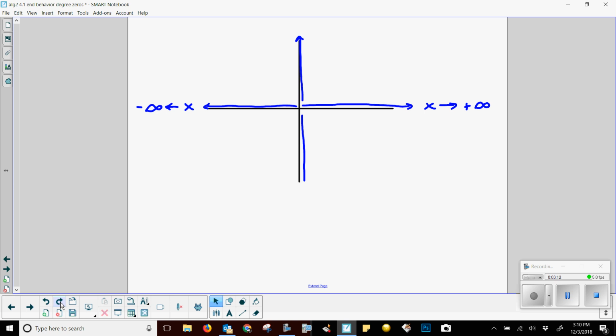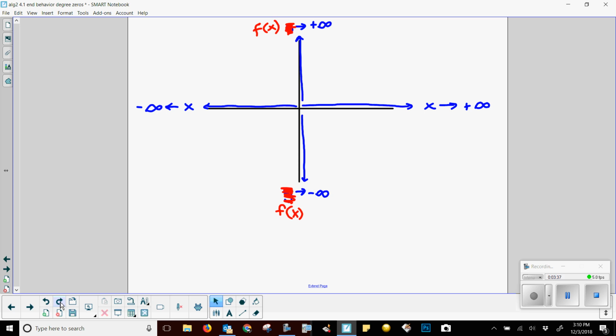Then we have up and down. That's y going towards infinity, up, or y going towards negative infinity, down. Problem is, they don't like to use y. Instead, they'll call it f of x. So f of x is going towards positive infinity or negative infinity. What we're worried about is what's happening on the ends of these graphs.